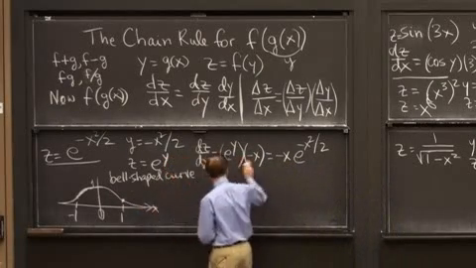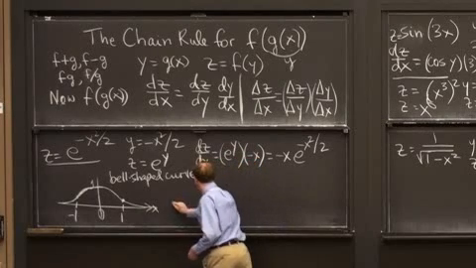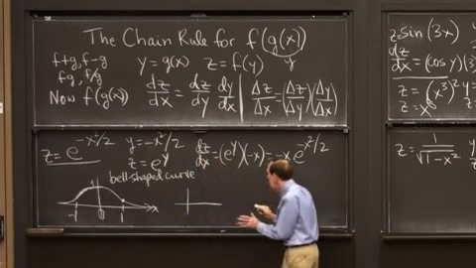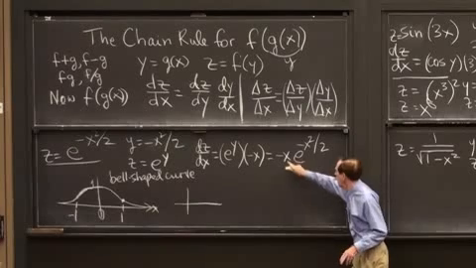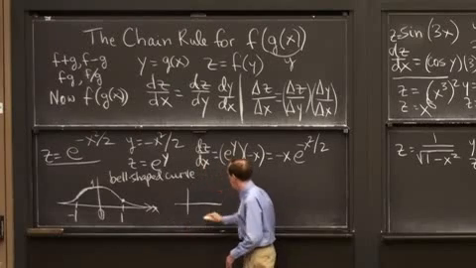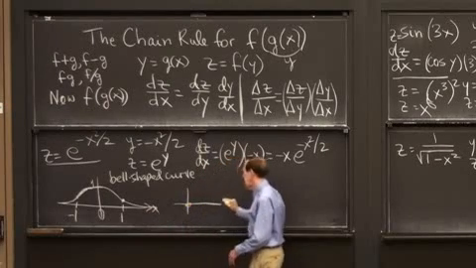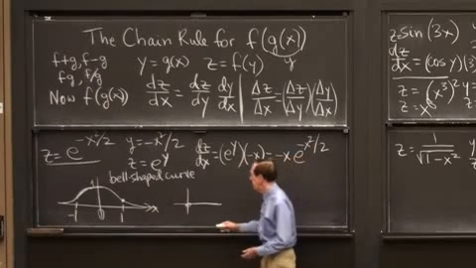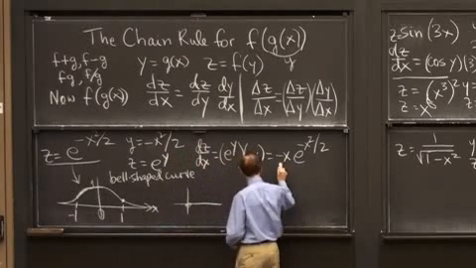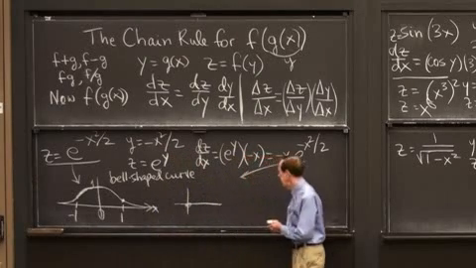Okay, now what's this slope? What's the slope of that function? Again, symmetric, or maybe anti-symmetric, because I have this factor x. So what's the slope? The slope starts at 0. So here's x again. I'm graphing now the slope. So this was z. Now I'm going to graph the slope of this.